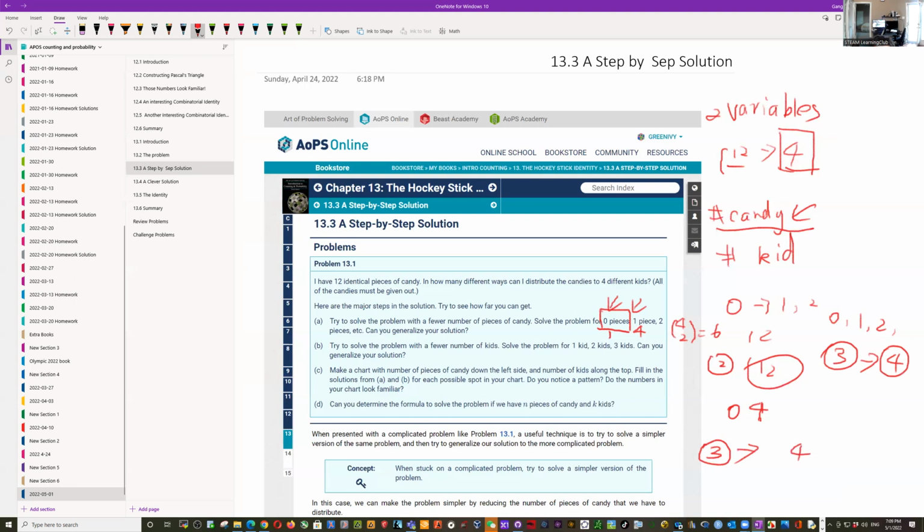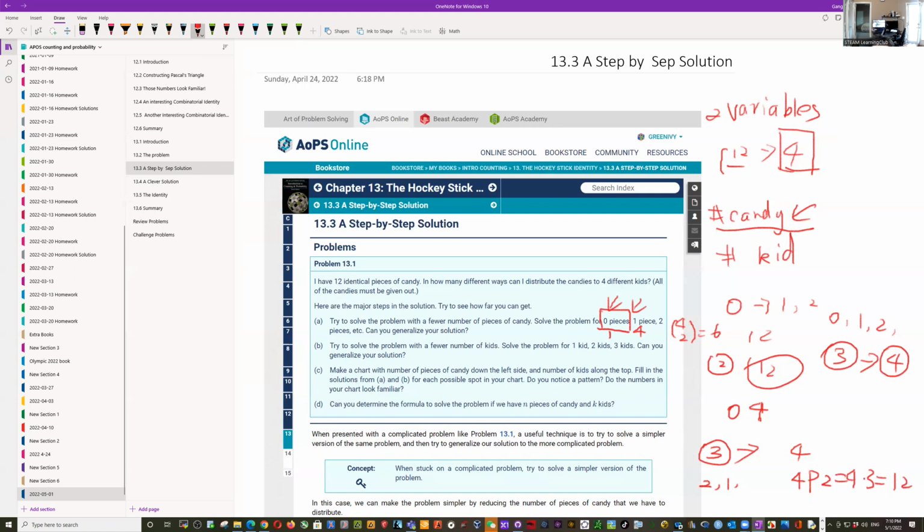Then I can do 2, 1: 2 pieces given to 1 of the kids, 1 piece given to another kid, and the remaining 2 kids get nothing. So the order matters. Order matters, so it becomes a permutation: 4 permute 2, which is 4 multiplied by 3, equal to 12.